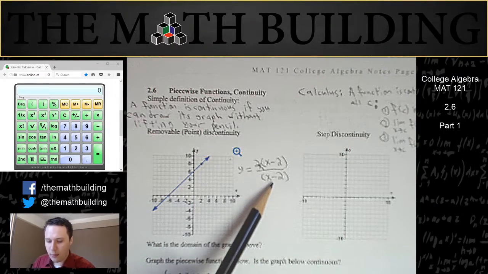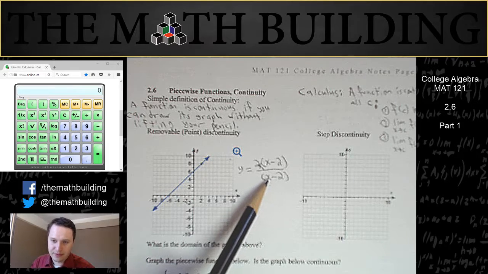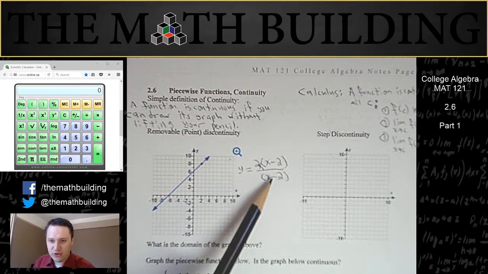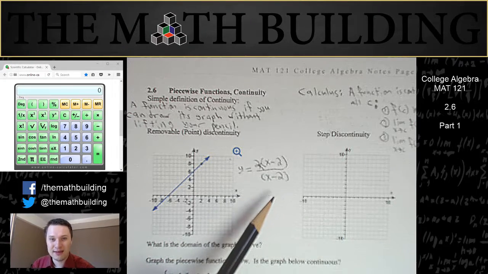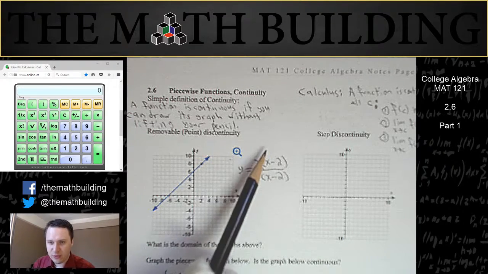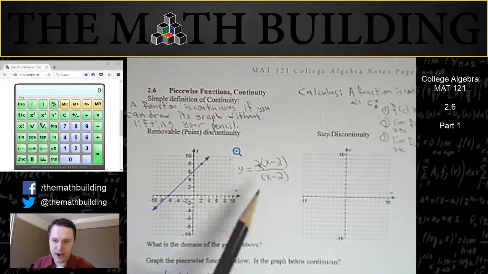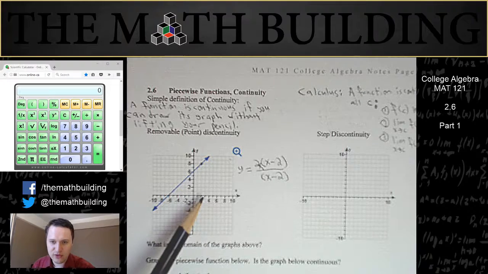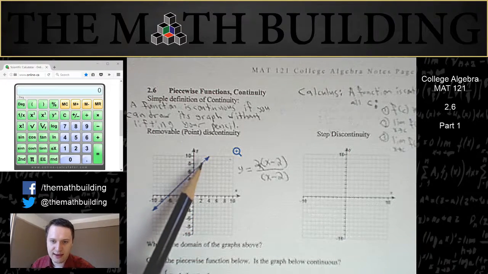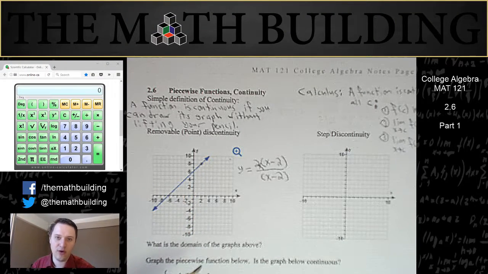However, there's one problem. What happens if x is equal to 2? If x is equal to 2, then that means we have 2 minus 2, or 0, in the denominator, which is undefined. And so this cancels with this 99% of the time, and we get a regular graph. But at that one point, at x equals 2, it's undefined, and so at that one point, we have a little hole right there.